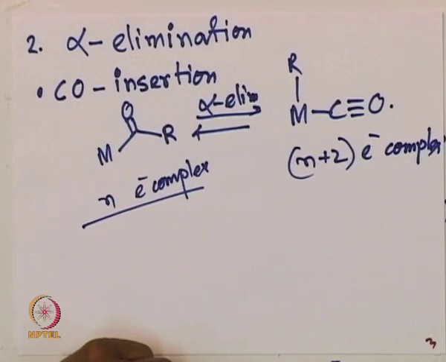You should not have any problem in discussing that. So, once again, what is the alpha elimination? It is the reverse of alpha migratory insertion, and once again the common compounds where we can see such alpha elimination are the carbonyl species or the acyl species, for example M-CO-R, from where the R will now be transferring to the metal center.